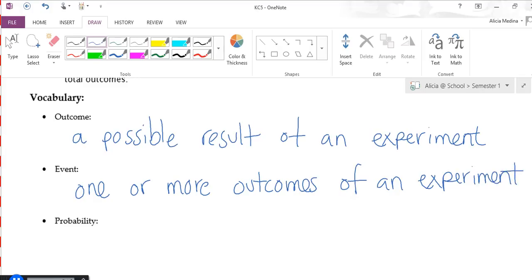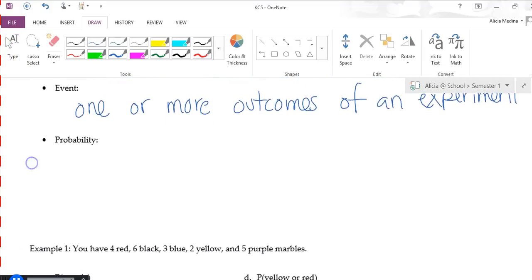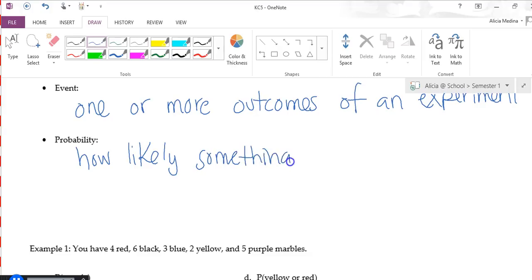And probability. When you see or read that word, what I want you to think is how likely something is to happen. Probability is going to be a number.